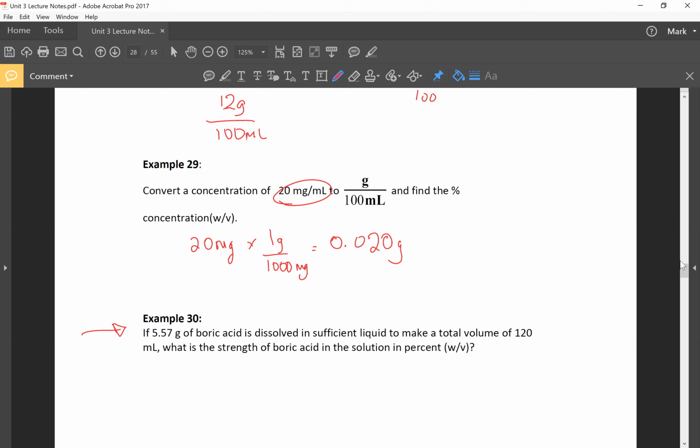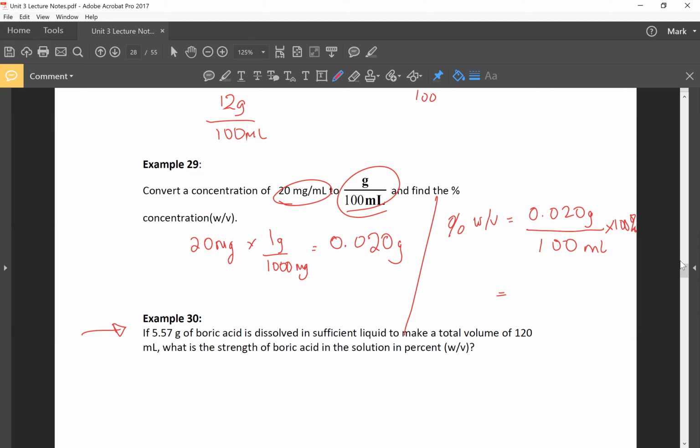Okay. So its percent concentration as a weight and volume would be 0.020 grams over 100 milliliters times 100%.